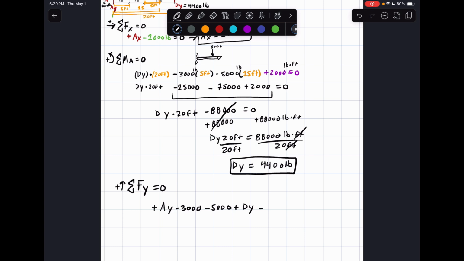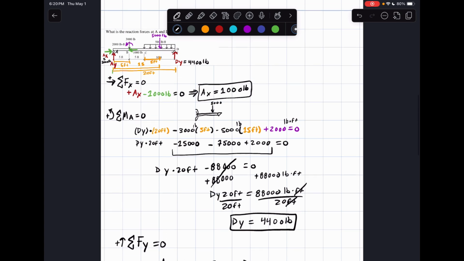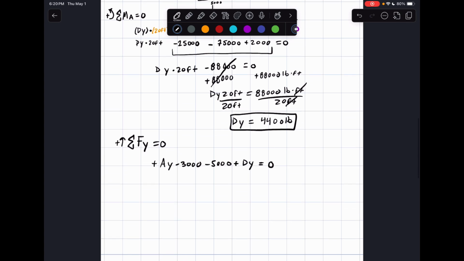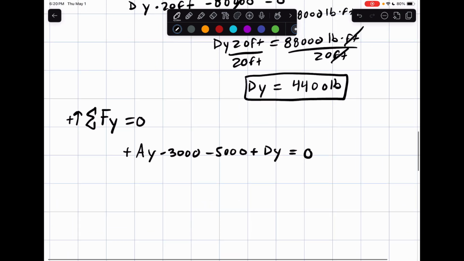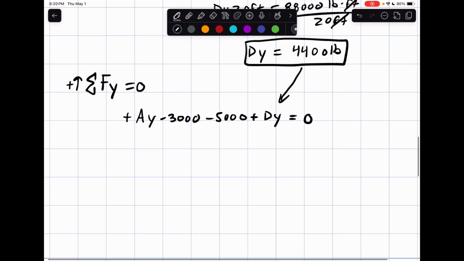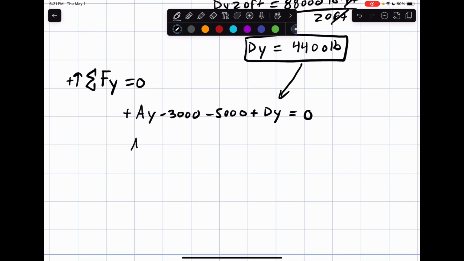And that's equal to 0. I think those are all. So now we could plug in for dy because we know dy is 4,400. So we have AY minus 3,000 minus 5,000 plus 4,400 is equal to 0.